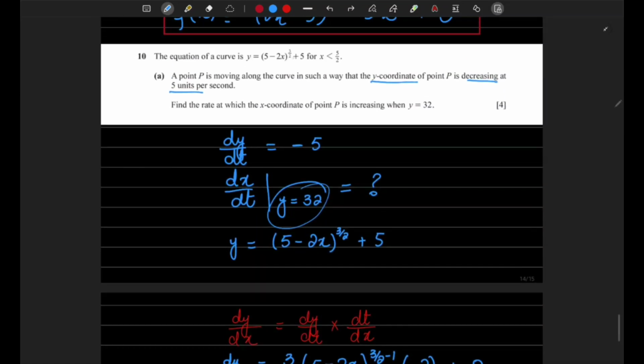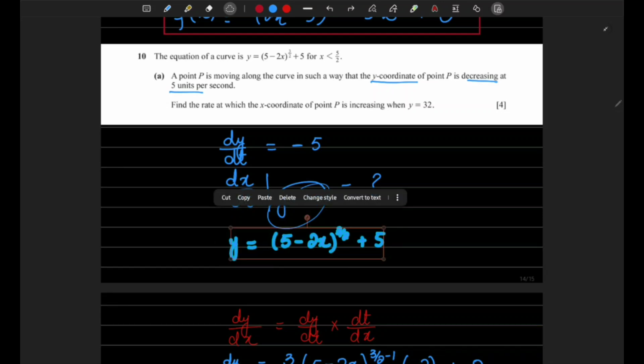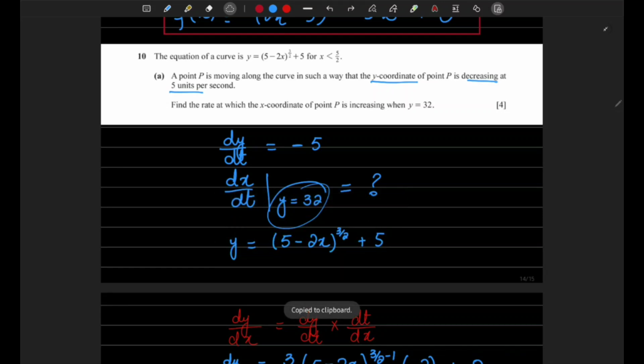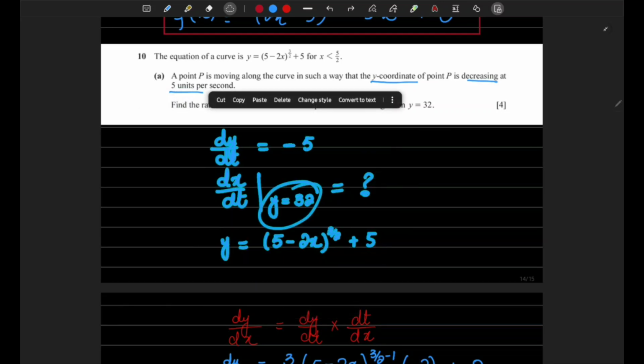We have the equation of the curve, and we just substitute y equals 32 in this to get x. Instead of doing it somewhere else, let's do it here, we have some space.